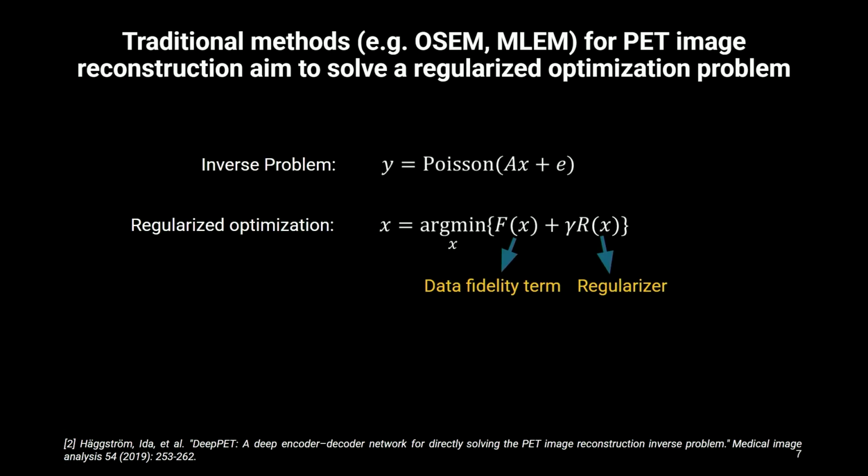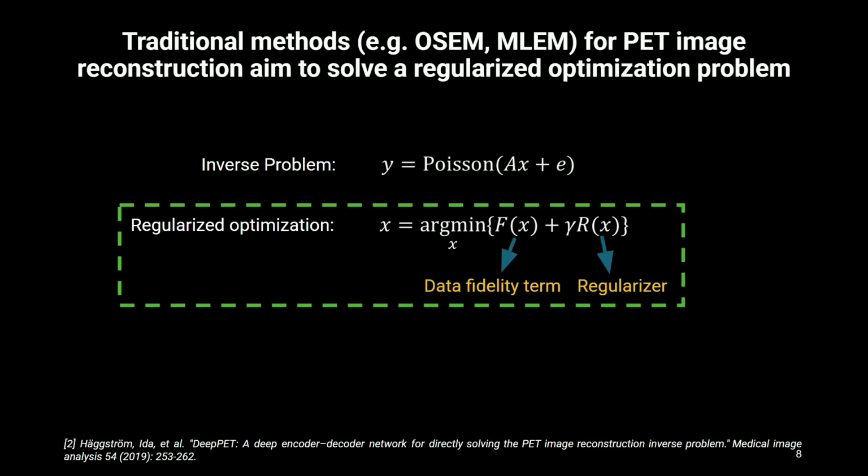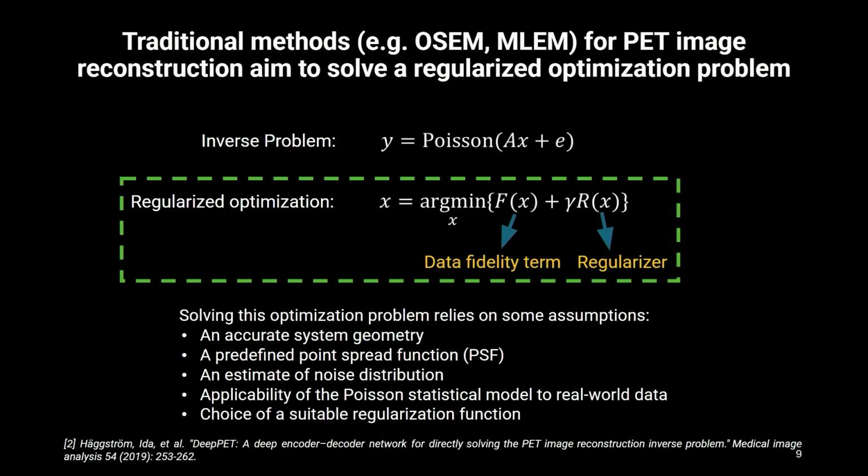To solve the inverse problem, traditional methods like OSEM and MLEM always frame it as a regularized optimization problem. The data fidelity term ensures that the reconstructed image is consistent with the measured sinogram data. And due to the ill-posed nature of the inverse problem, we add a regularization term here to incorporate prior knowledge.